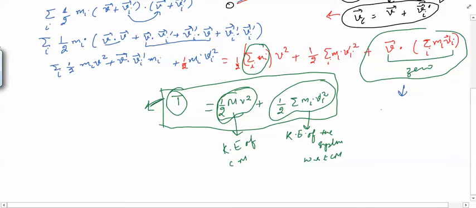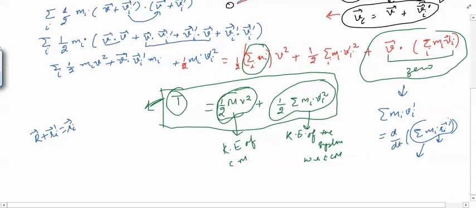You have the term summation m_i v_i dash, so I can write it as d by dt of summation m_i r_i dash. Now this is 0. How? Because we have the relation r vector plus r_i dash vector is equal to r_i vector.